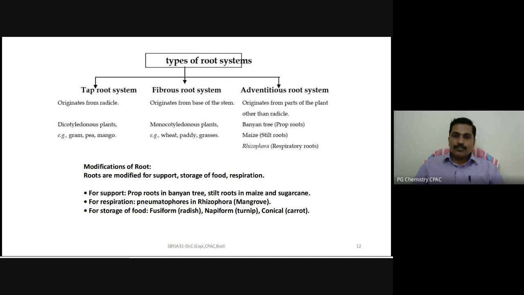The fibrous root system is found in monocotyledons: wheat, paddy, grasses. And adventitious roots are another type of root, also present in the banyan tree and maize. Banyan tree has prop roots, maize has stilt roots, and Rhizophora has respiratory roots. All those things are other types of roots.